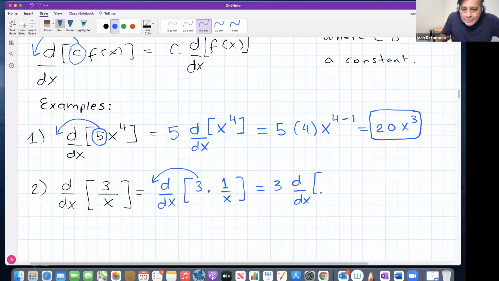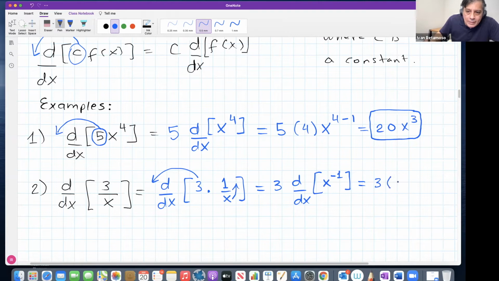And this guy, 1 over x, I'm going to write it as x raised to -1. Why are you doing that, Professor? Well, because I want this form so I can apply the power rule, right? So finally, this will become 3 times the derivative of x raised to -1.